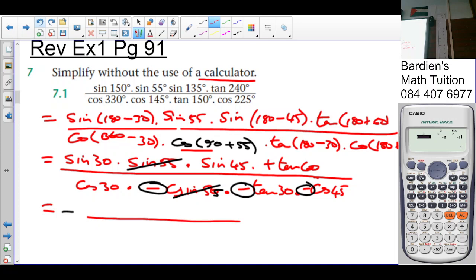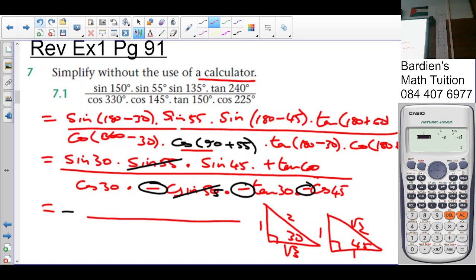Now 30, 45 and 60, you take to the special angles. 30 is 1, 2, root 3, and 45 is 1, 1, root 2. You must write this so often that you have no choice but to remember it.